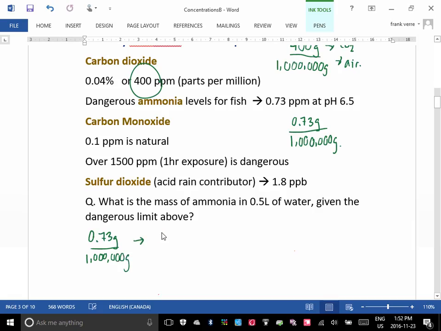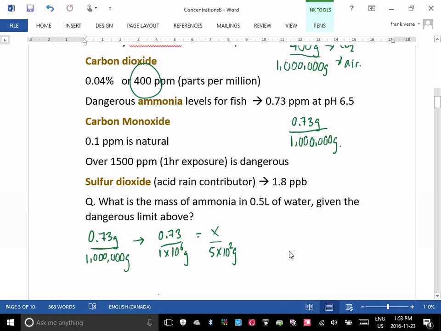And if you want to write it as exponents, what is the mass for half a liter? Now, half a liter, though, is how many grams? What's half a liter? How many milliliters? So it's about 500 grams, right? 5 times 10 to the 2. So how many grams of ammonia are in half a liter of water at that dangerous level of 0.73 parts per million?